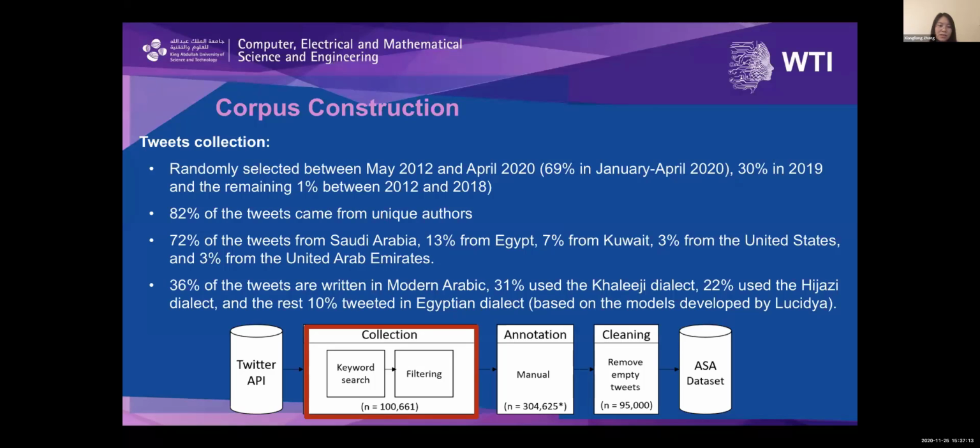We collected a large number of tweets, and then we randomly selected 100,000 from May 2012 until April 2020. Since we prefer to select more tweets from recent dates, about 70% of the tweets were selected in this year and 30% in last year, and the remaining 1% are from the previous years.